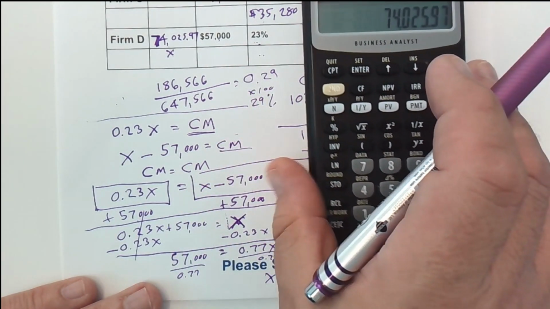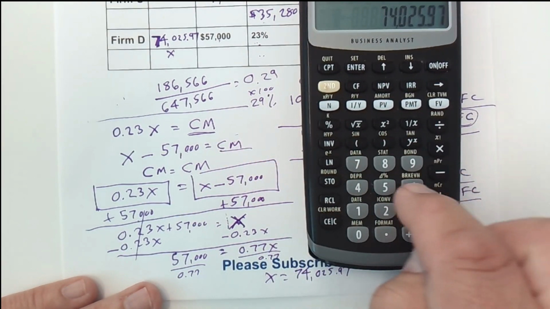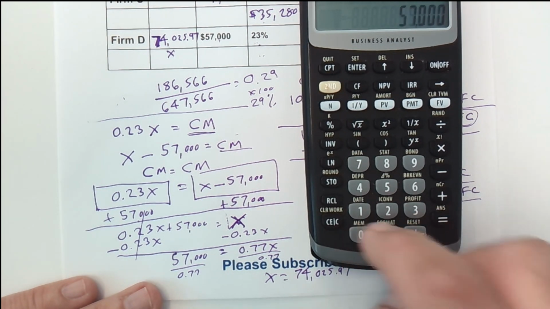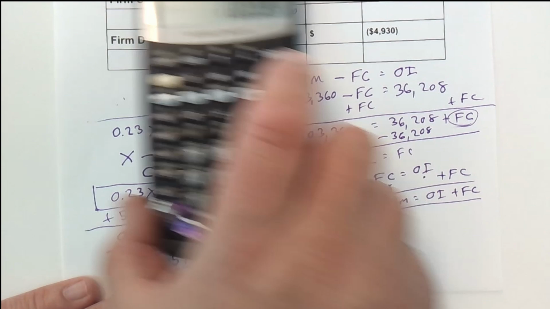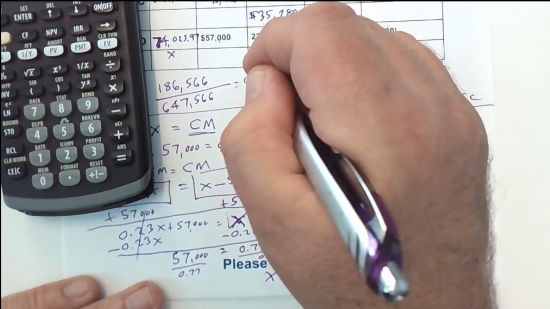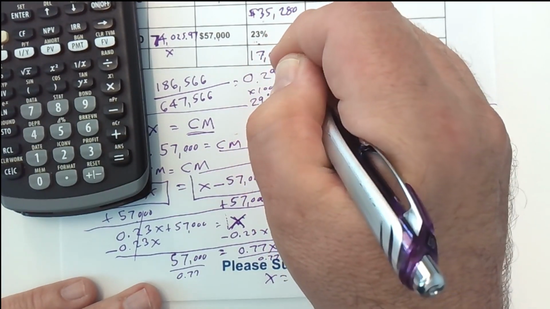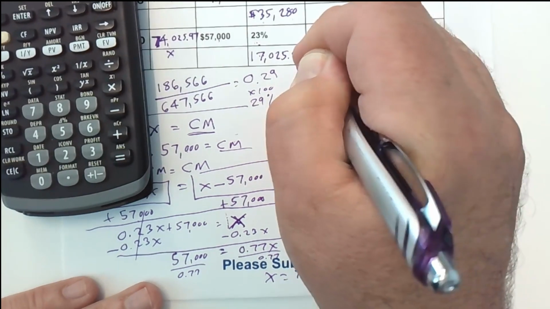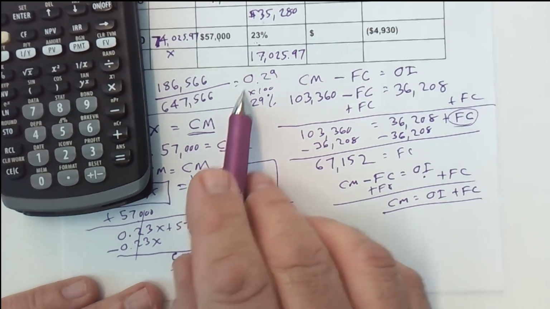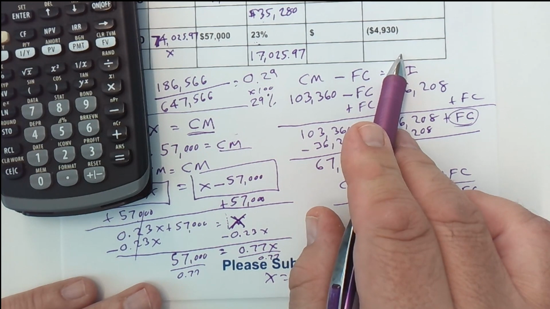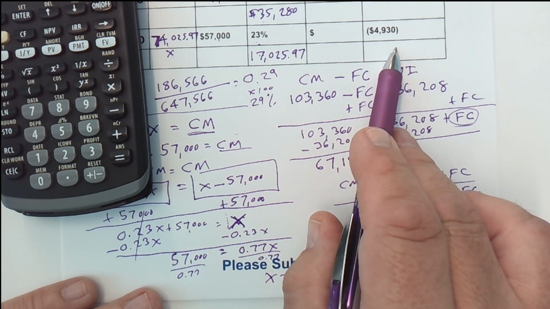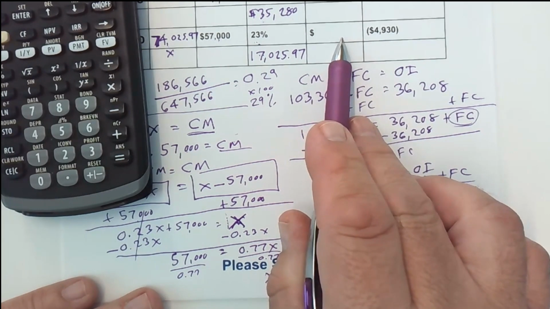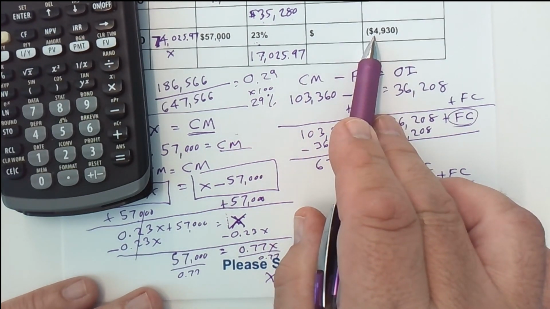So if I've got this amount and I subtract out the 57,000, that is our variable cost, that leaves me a contribution margin of 17,025.97. That's the amount that's going toward our operating income or loss. I don't know the amount of the fixed cost, but I do know I've got this amount as a loss.